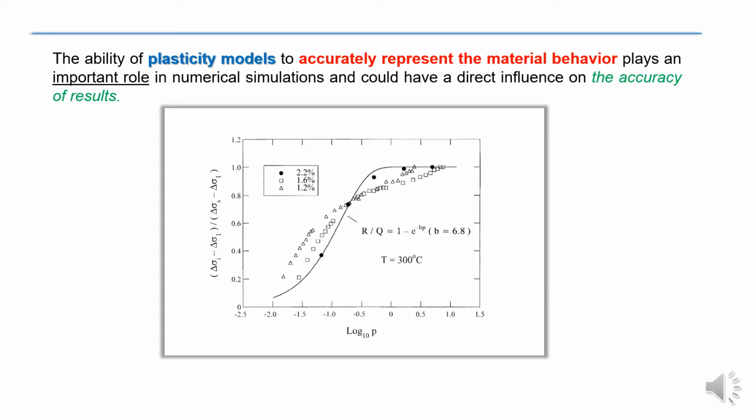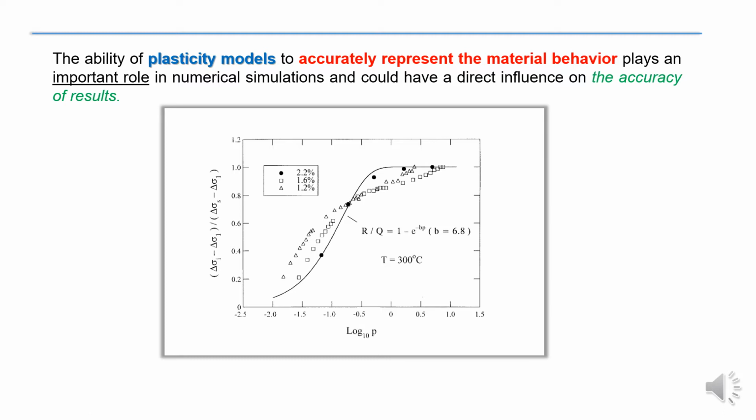The ability of a plasticity model to accurately represent the material behavior plays an important role in numerical simulations and obviously could have a direct influence on the accuracy of results.